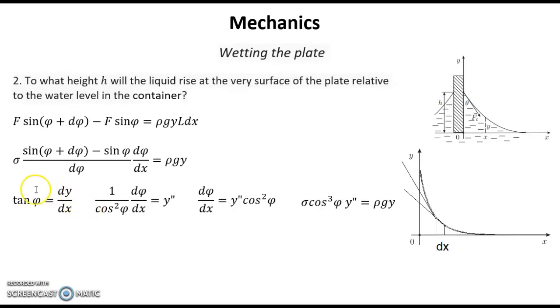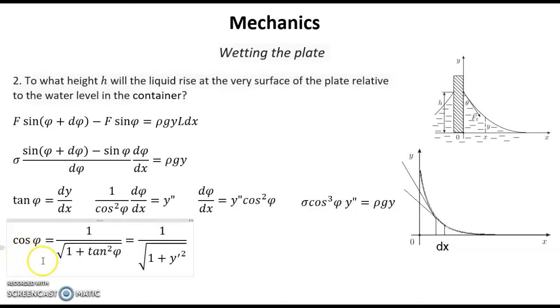For cosine phi we have this expression. We have cosine phi equal 1 over root of 1 plus tangent phi square, and tangent phi equal dy over dx, and finally we have this expression for cosine phi, and we can put it here in this formula to get completely y-x dependency.